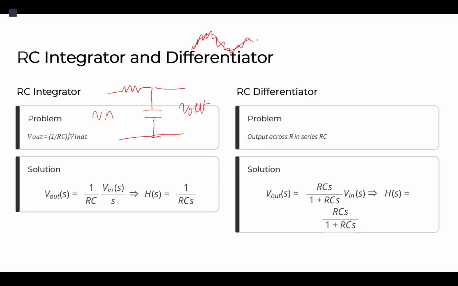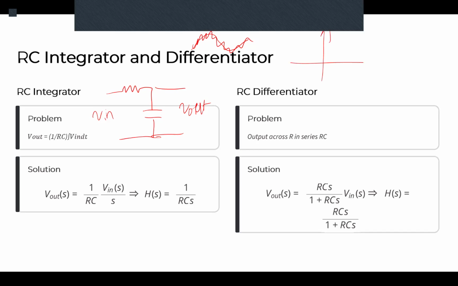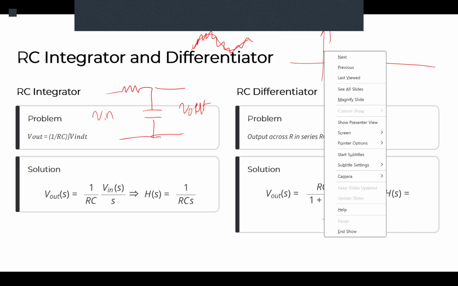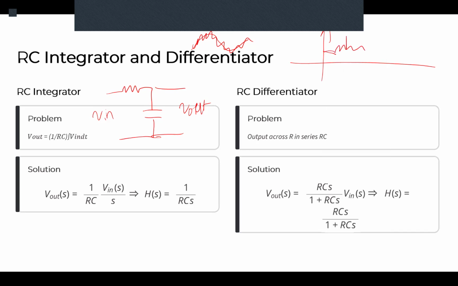How? How can you cancel out the variation over a function? Let me give you a simpler example. Let's say you have a DC with some variation. How can you get that DC from the variation?